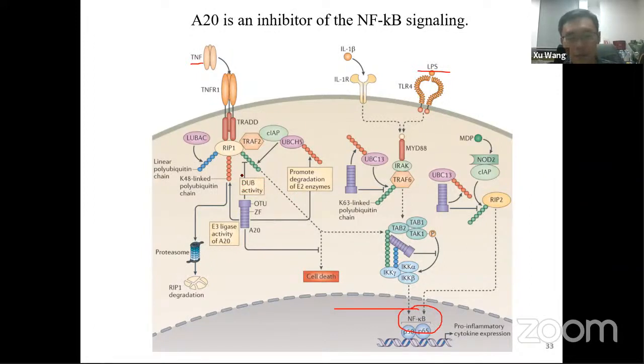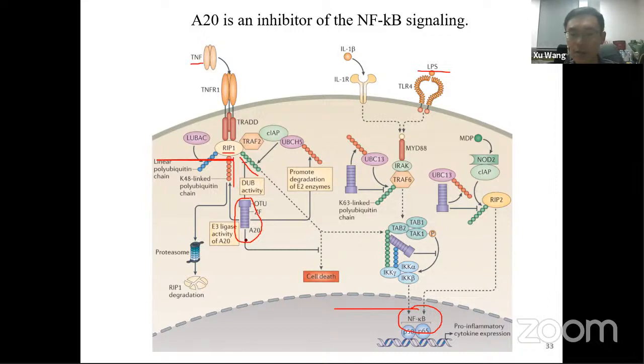In the last slide, I said that A20 has both DUB activity and E3 ligase activity. We can see from here, this one is A20. A20 can remove K63 polyubiquitin chains from RIP1, and it can also add K48 polyubiquitin chains to RIP1.